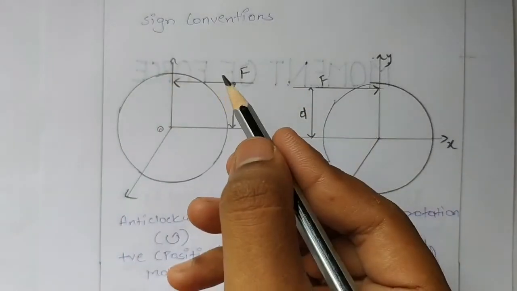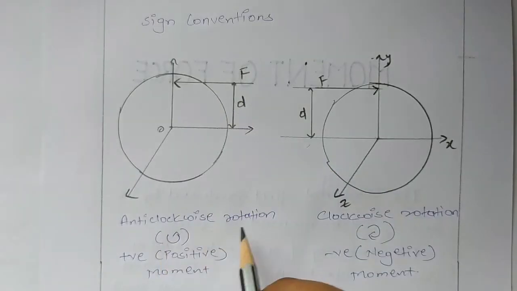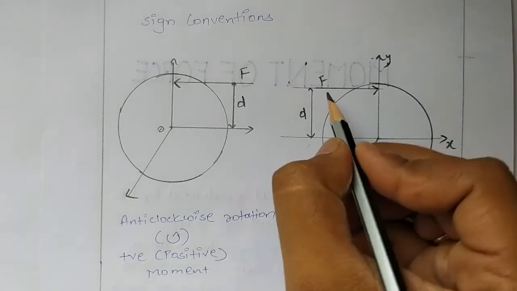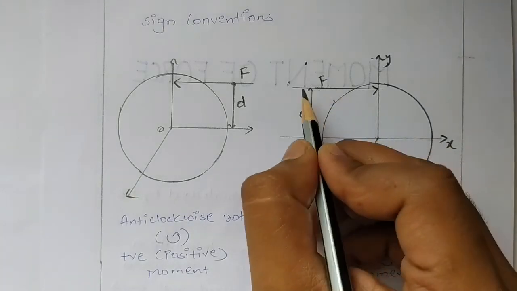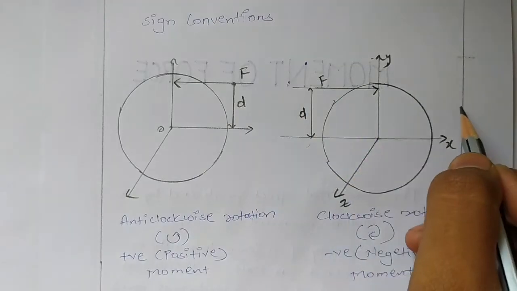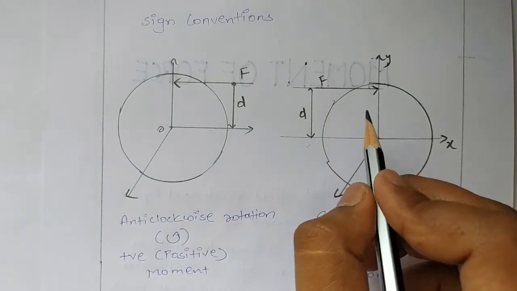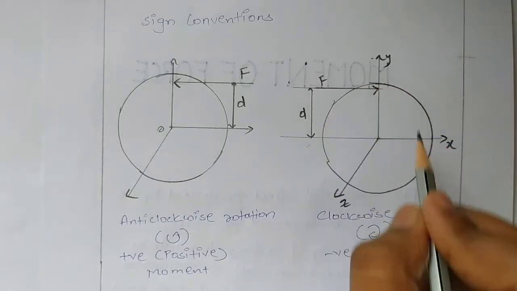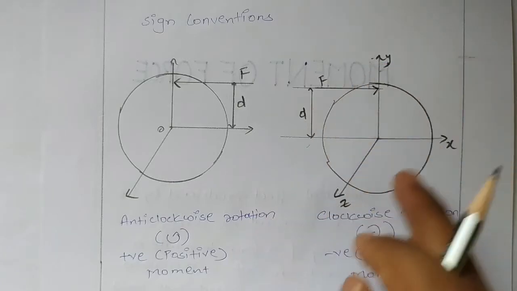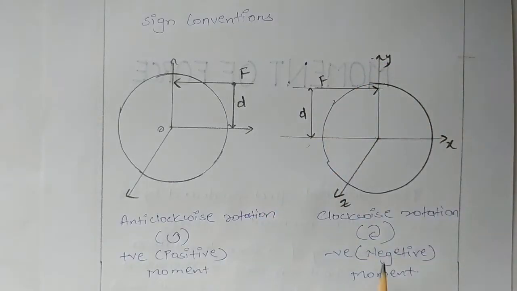In moment of force, the anti-clockwise rotation is considered to be a positive rotation. Similarly, in the other case, the direction of force F is towards right, and this force is rotating this particular rigid body in clockwise direction, and the clockwise rotation is considered to be a negative moment in moment of a force.